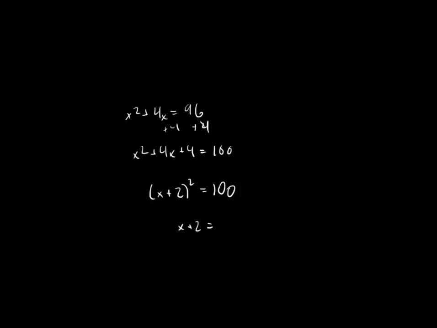X plus 2 equals 10, because the square root of 100 works out nicely. It is a perfect square. Subtract 2, so x equals 10 minus 2, which is 8, and x is also equal to negative 10 minus 2, which is negative 12.